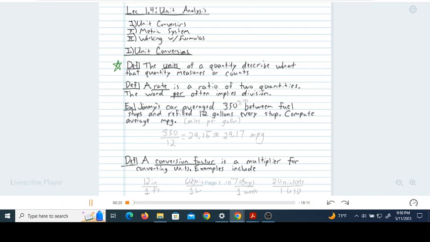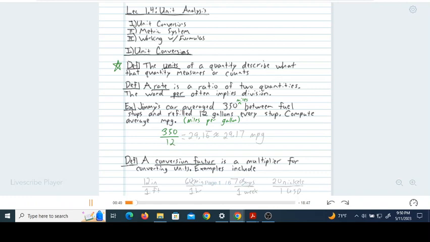If Jimmy's car averaged 350 miles between fuel stops, forgot the word miles there, let me add that in, and refueled 12 gallons every stop, compute the average miles per gallon. So miles per gallon literally translates to miles divided by gallons. So that'd be 350 divided by 12.